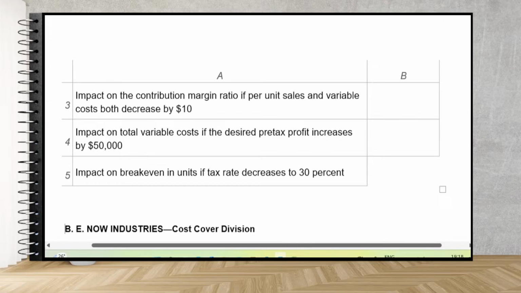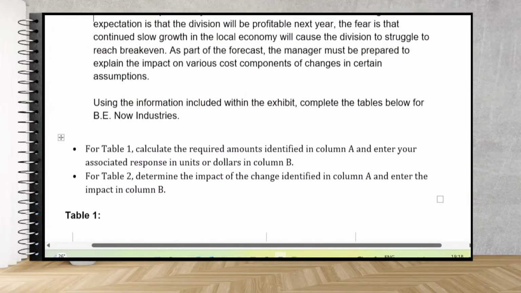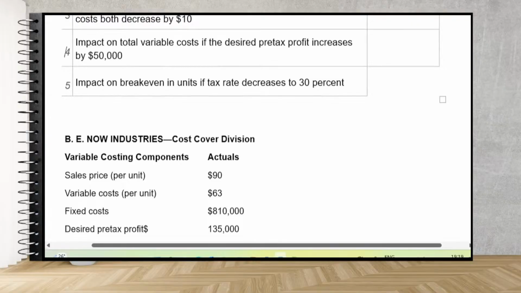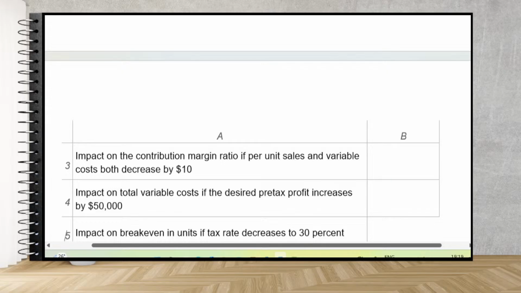Impact on the contribution margin ratio if per unit sales and variable cost both decrease by $10. 90 and 63. Yeah. So if both decrease by $10, that means 80 and 53. So is there any impact?